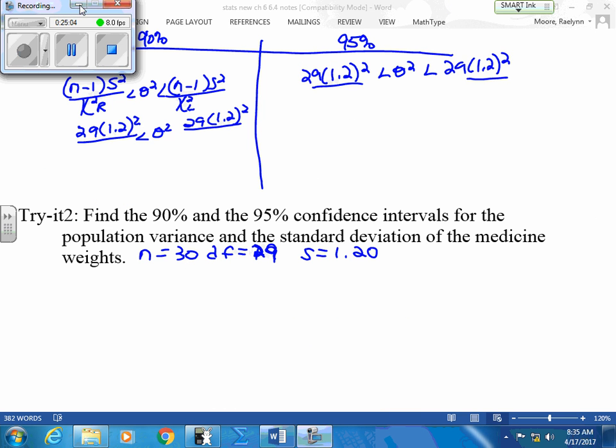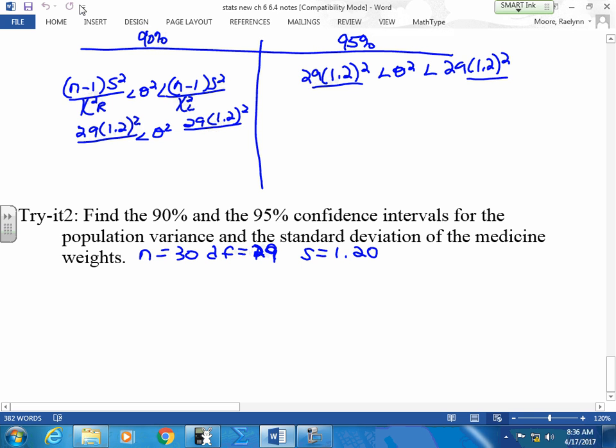On the 90, did anybody find me the X2L and the X2R from this group? Anybody find the X2L? Okay, the X2L is 17.708, so I'm going to put it over here. Thank you. What's the X2R? 42. Good. So I'm going to put that over here because remember we want to divide by the larger number.